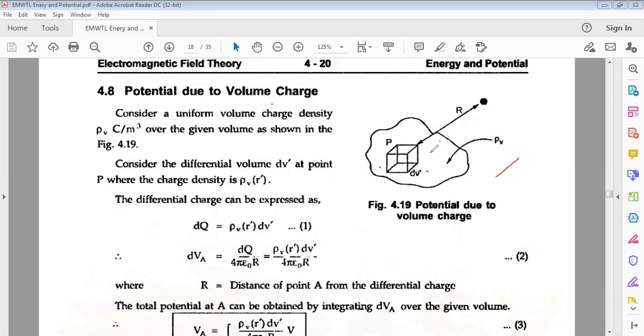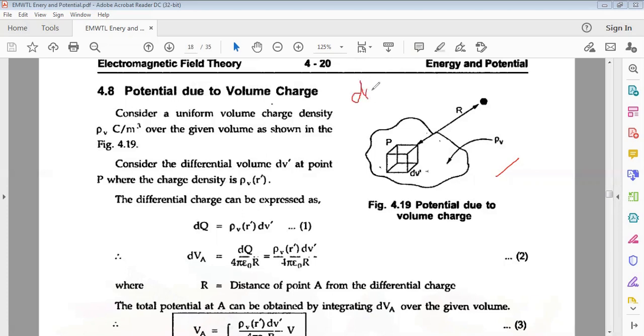The charge is uniformly distributed over the total volume. Consider a uniform volume charge density rho V over the given volume as shown in the figure. Consider the differential volume dV at a point P where the charge density is rho.